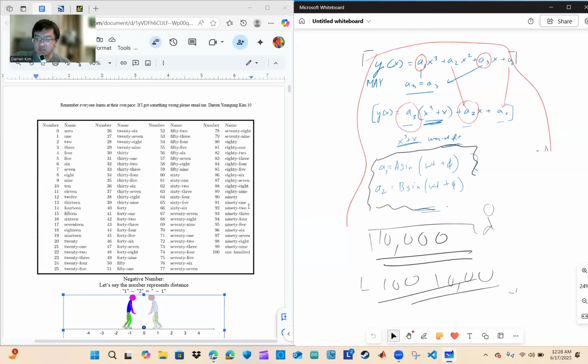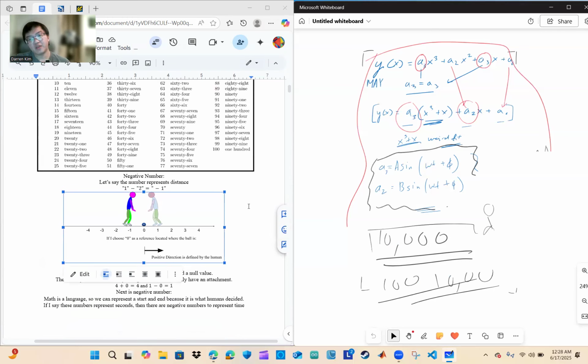Anyways, basically you start at 1, you move -2, now you're at -1 according to positional ideas. Does that make any sense? Due to position, you're at -1 because of how we chose the reference frame as 0. Yeah, that makes sense.